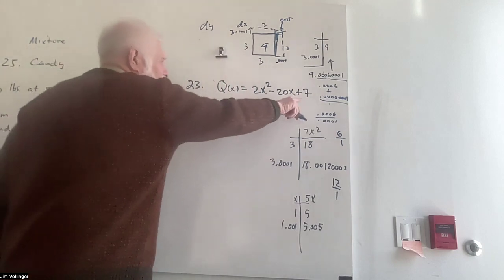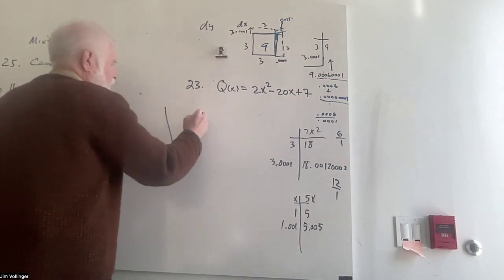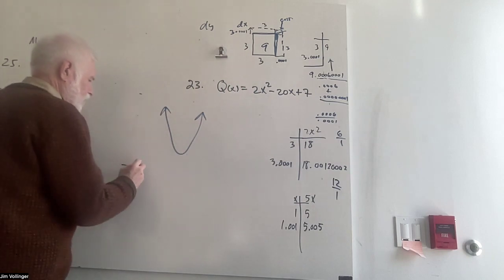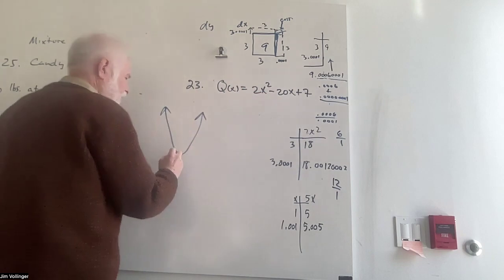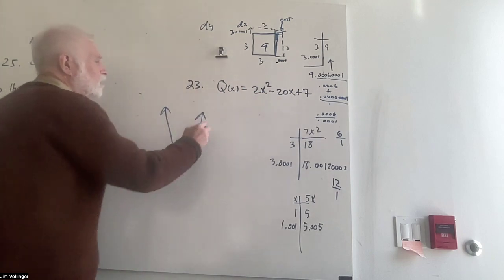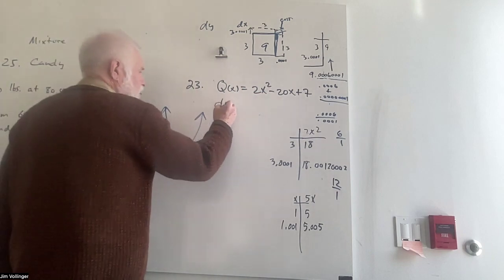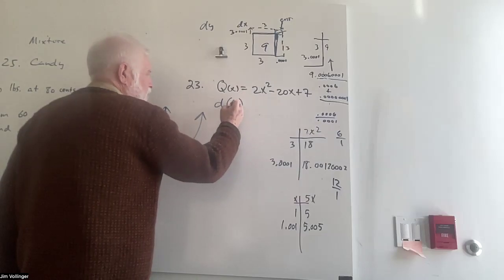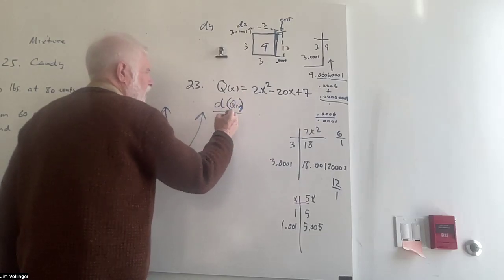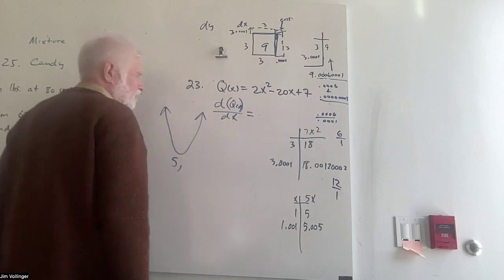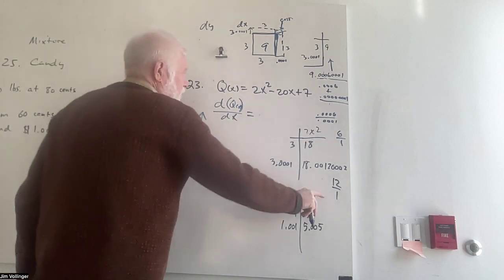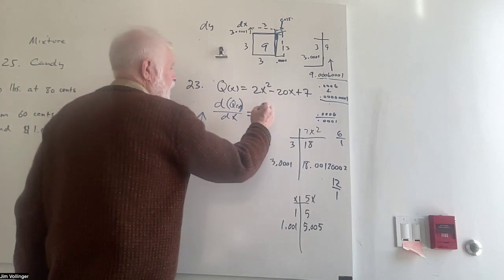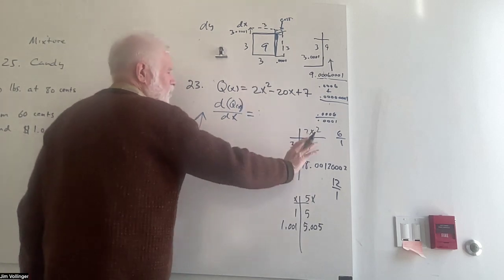Now, what do we know about this from our previous study? We know it's cup shape up. We know minus b over 2a gets us the x value. 20 divided by 4 is 5. Well, if I look at rates of change, the change of y divided by that little dimensional change, it looks like 12-to-1, which is just one instant.